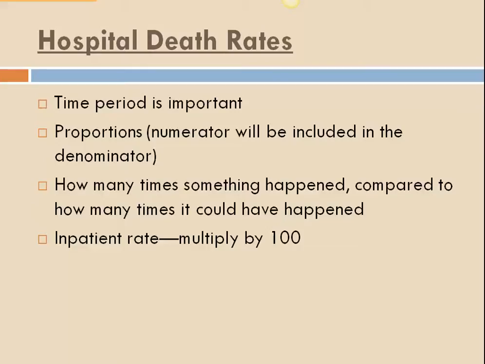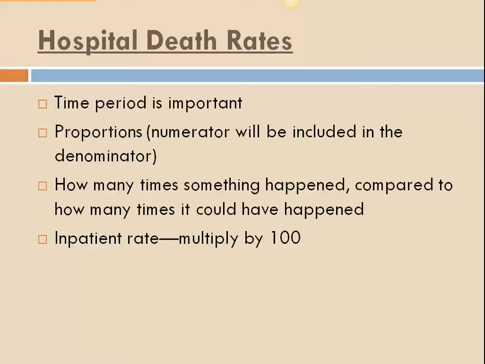In other words, if you're given information about deaths during a day or a week, a month, a quarter, you've got to have your numerator and your denominator in the same time frame. So you may have to do some multiplying or some other math to get those to be the same.